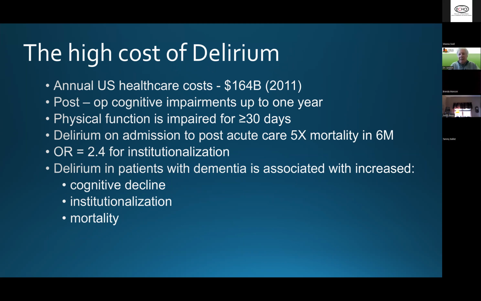It's a real hit on cognitive and functional abilities. In fact, even without delirium, of people over the age of 65 who go into the hospital, 40% of them come out of the hospital with some sort of functional disability. So hospitalization is a benchmark for transitions in functional trajectories of older adults.